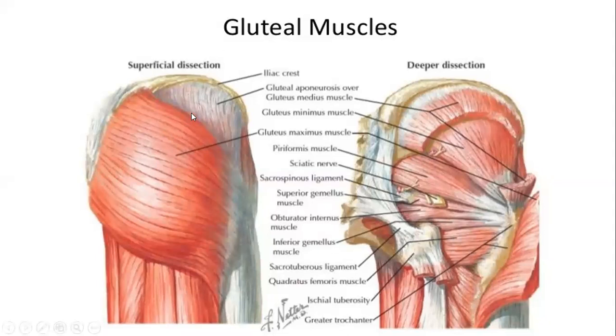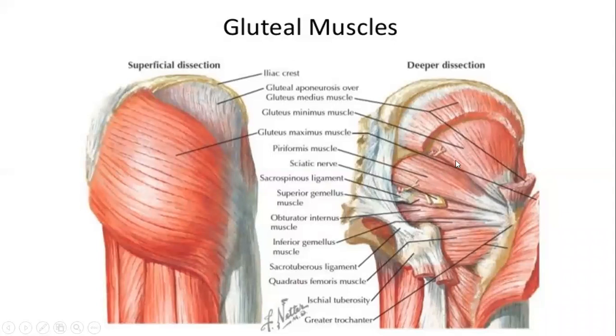Just under and further extending away from it is the gluteus medius muscle. When you dissect and raise the flap of the gluteus maximus, here we have raised the flap of the gluteus maximus muscle. And here underneath is the gluteus medius that we have also cut down to reflect the deeper lying muscle, which is called gluteus minimus.